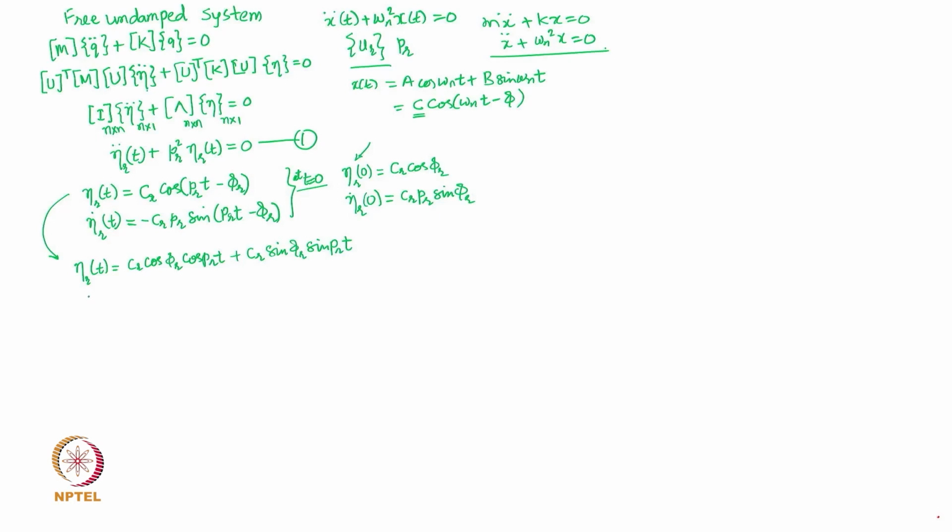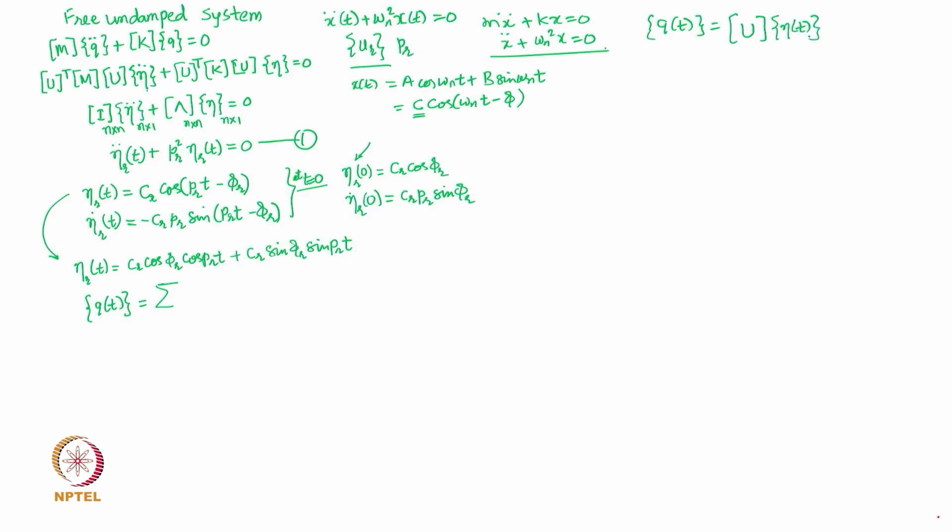Why? Because I can write now q(t). We all know how this is written. Typically we write q(t), we know that this transformation was written as eta(t), right?